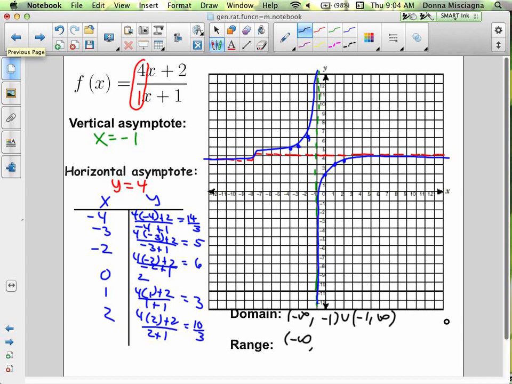That's on the x's. And then negative 4 to infinity? No. The only place it stops is at that horizontal asymptote. What's the last part, class? 4 to infinity.